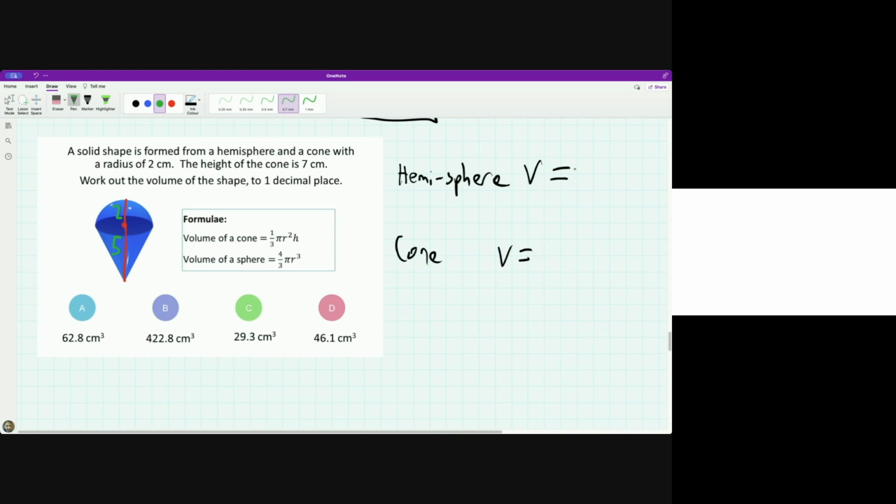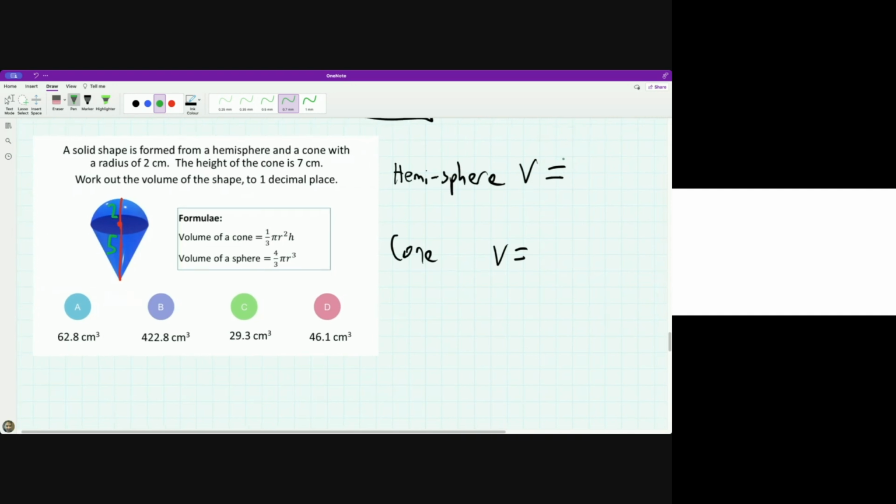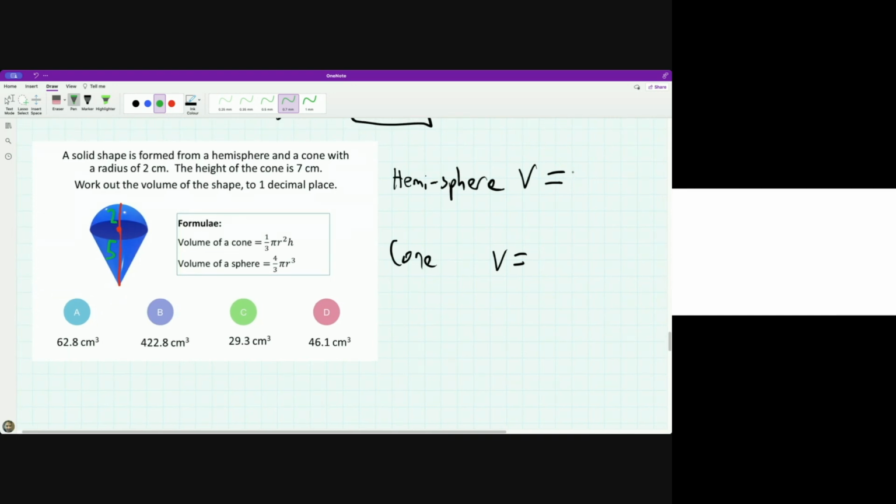So the hemisphere, its volume will just be 4/3 pi 2 cubed. And then because it's half, I'm going to divide by 2.